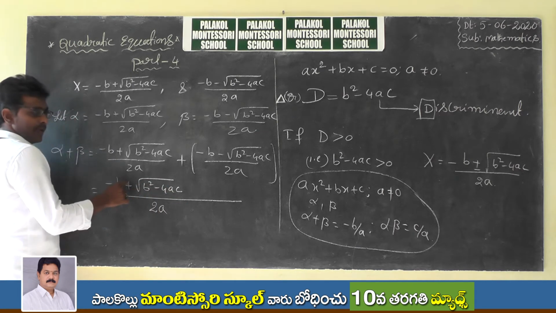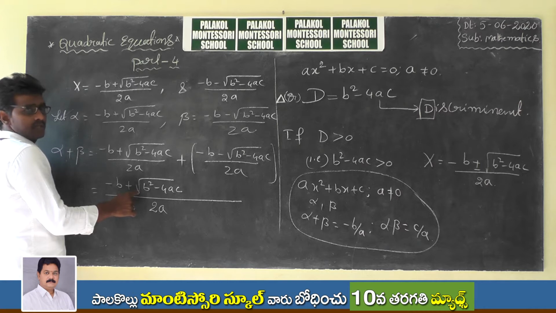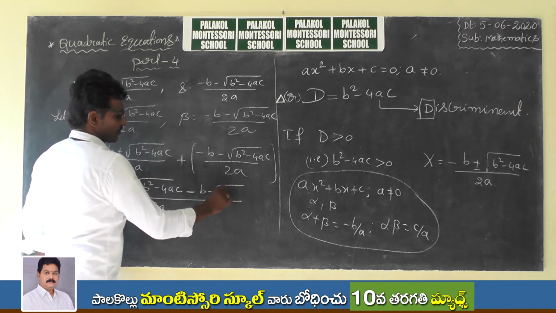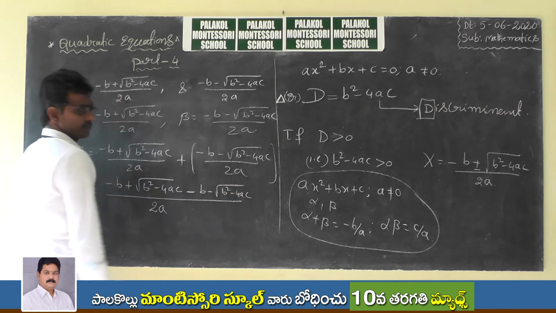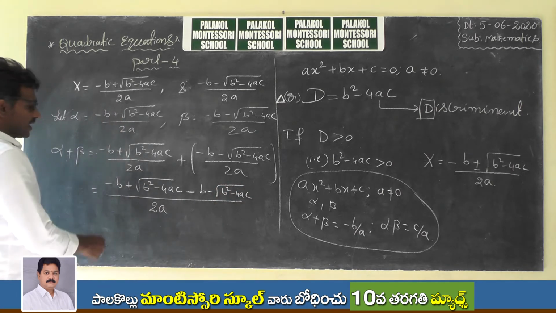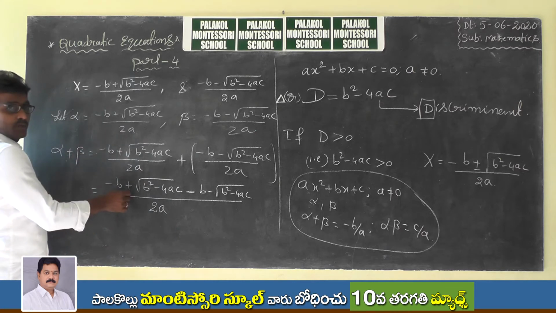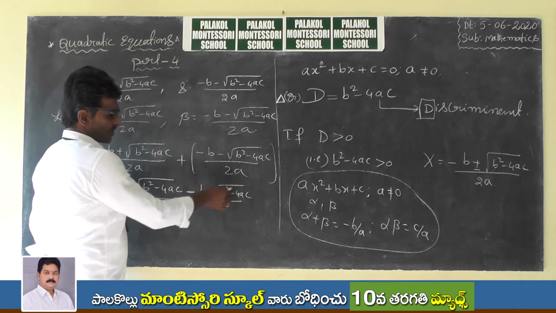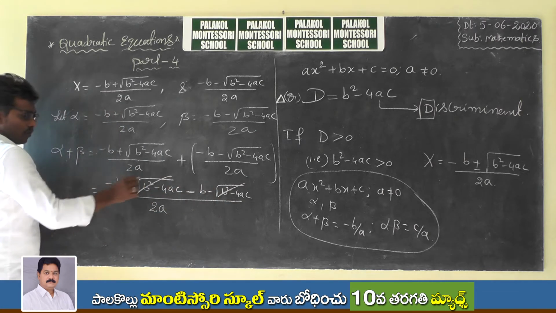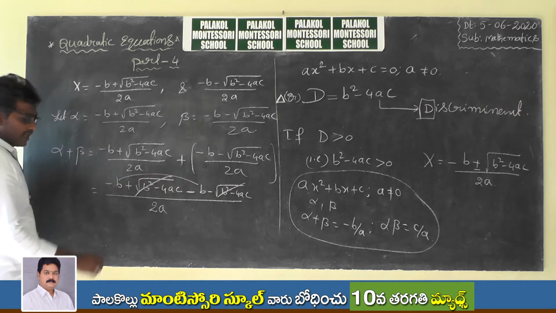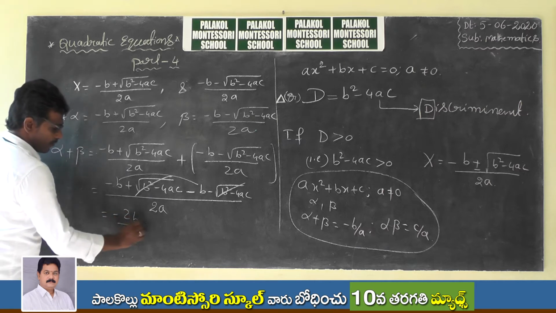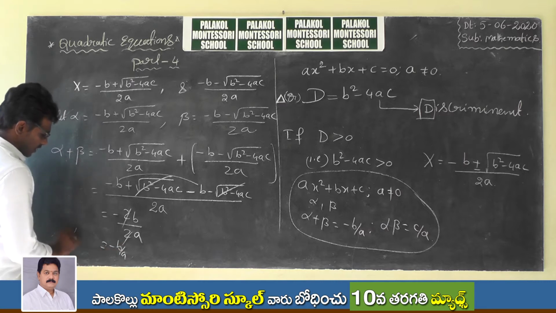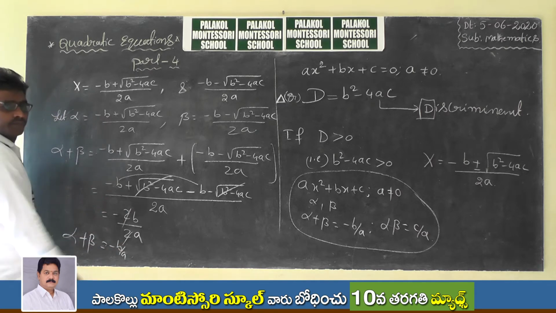So minus b plus root of b square minus 4ac, and minus b minus root of b square minus 4ac. Plus root of b square minus 4ac and minus root of b square minus 4ac both are cancelled. What remains here? Minus b minus b, minus 2b by 2a. The 2s cancel, so minus b by a. This is the sum of the roots.